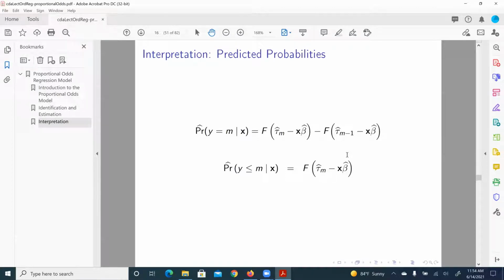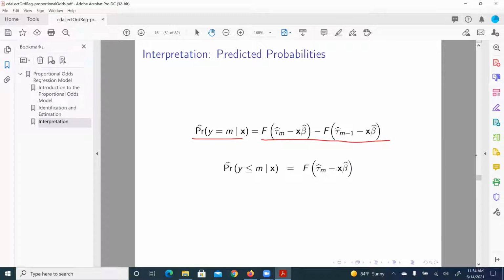Next is to use predicted probabilities. The predicted probability for y equal to a certain response level, as we recall, is equal to the difference of two cumulative density functions.